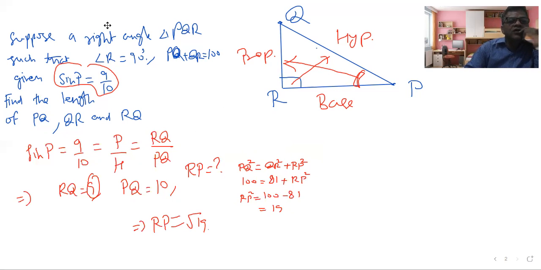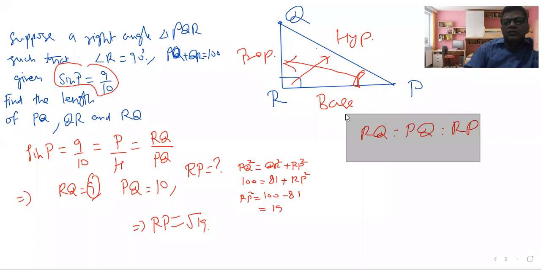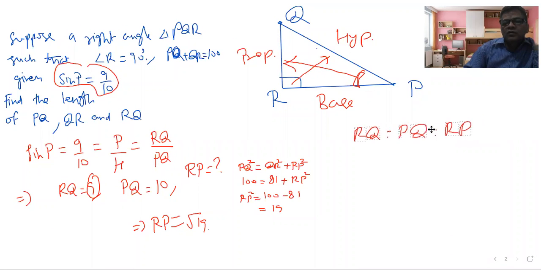Now suppose that we have the ratio between RQ, PQ, RP, and that is equal to 9:10:root 19.